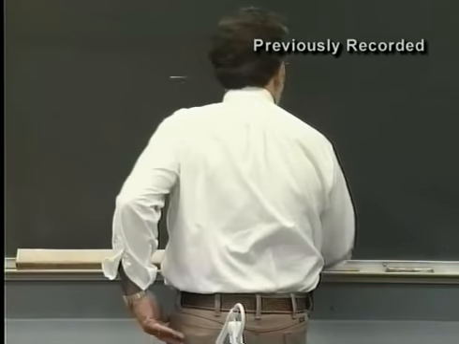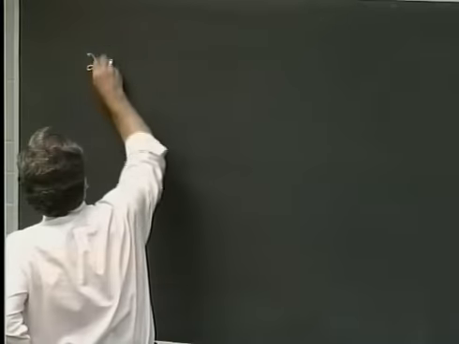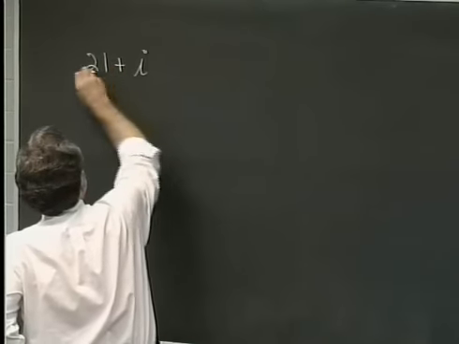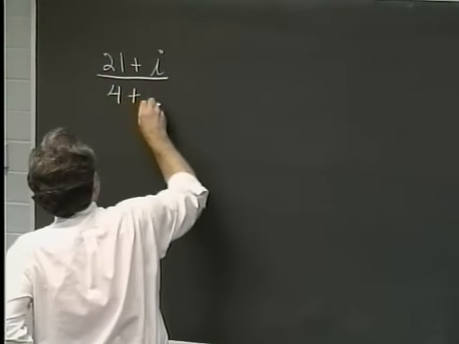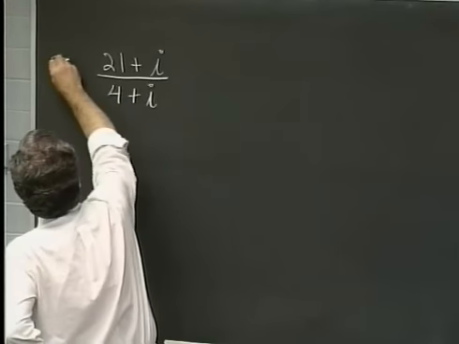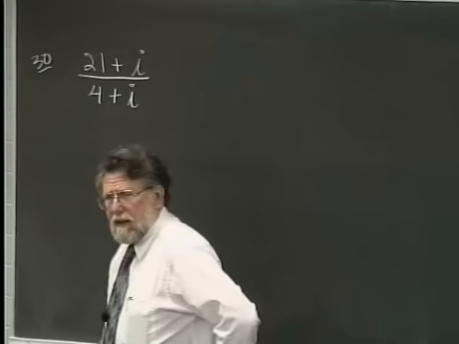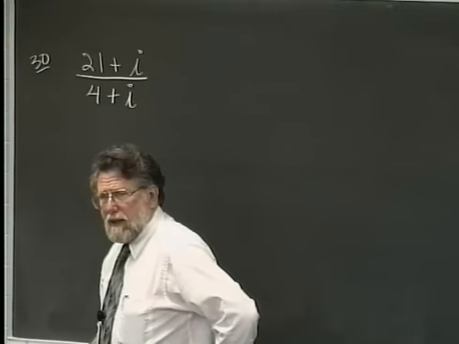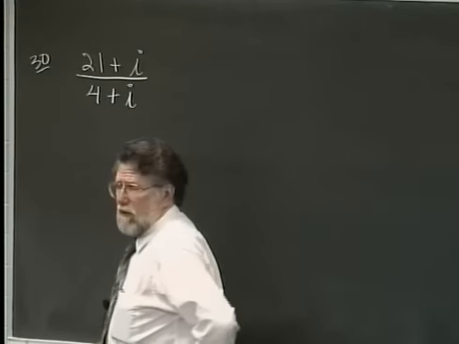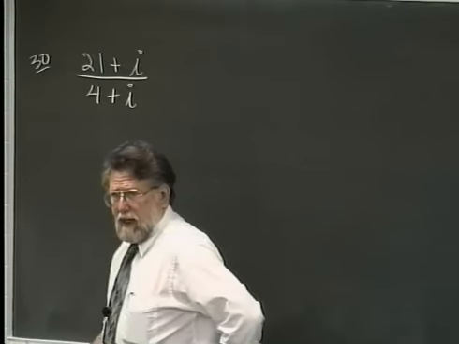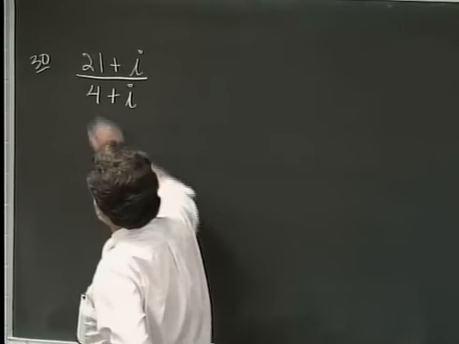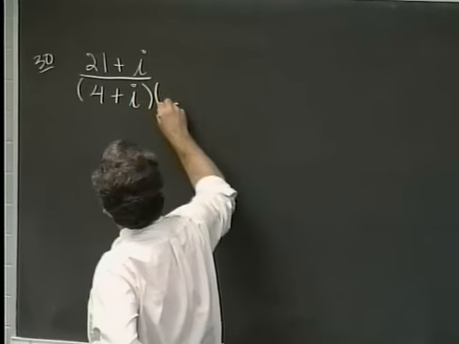Let me write what we have up here. And what we're wanting to do is get rid of the I in the denominator. So we're trying to get this in the form of A plus BI, not the quotient of two complex numbers.